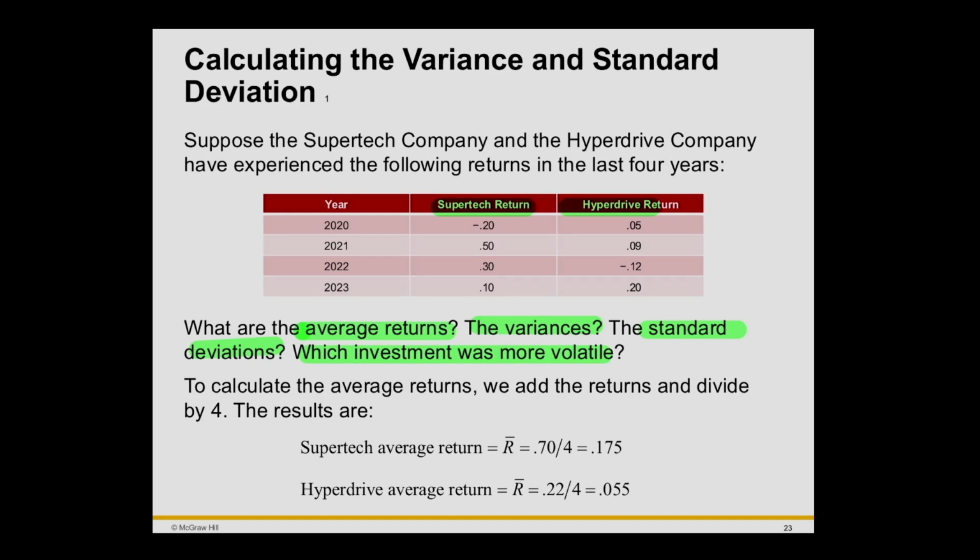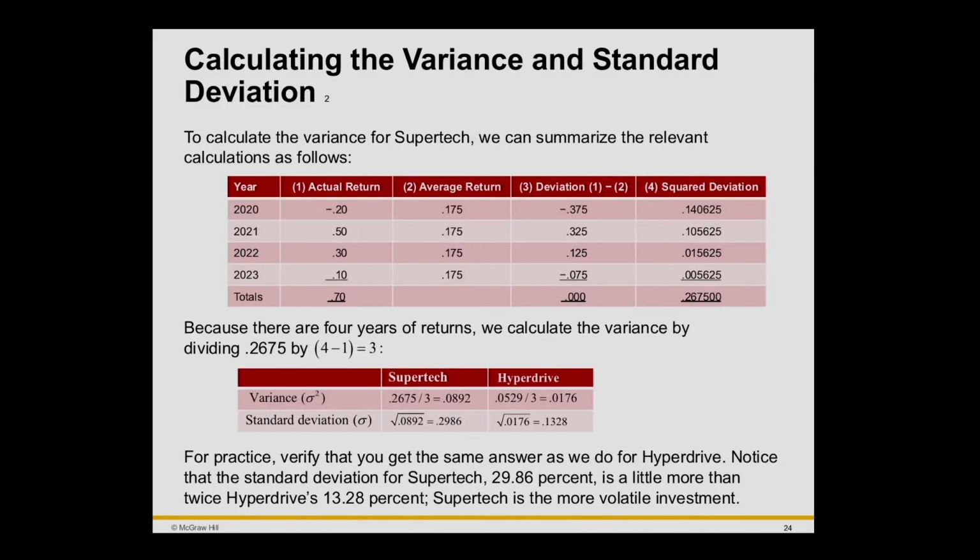And so down here, we're calculating an average. SuperTech has an average return of 17.5%, whereas Hyperdrive has a return of 5.5%. And then in this table, we're calculating a variance.